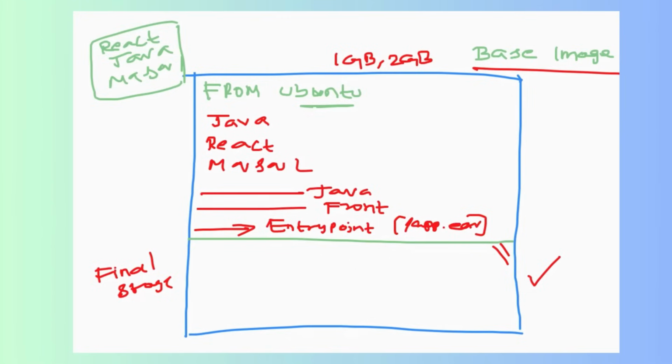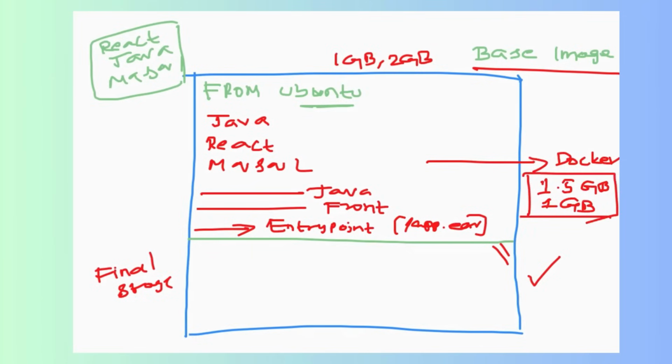The problem here would be this Docker image will go crazy. It can even go up to 1.5 GB or 1 GB in size. So why did it go to 1 GB? Because you haven't used the concept of multi-stage Docker build, and so it will be in these steps. The first thing, when you download the base image, that is Ubuntu, probably it can be 400 MB.